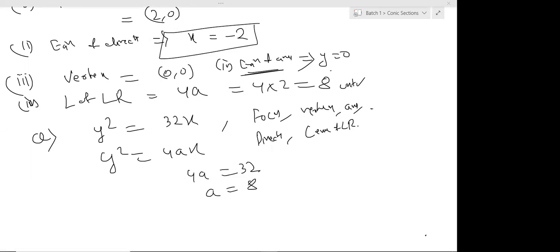So the first point, focus is a comma 0, that means 8 comma 0.